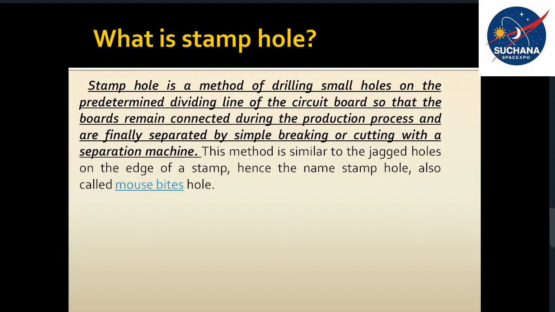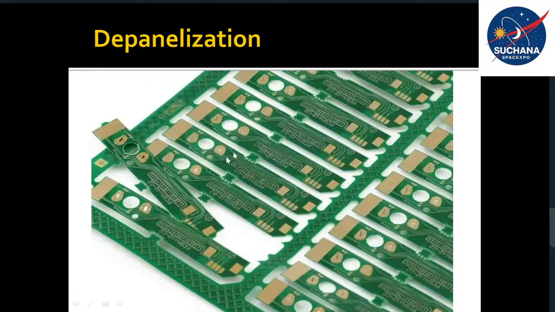At the time of production, the manufacturer designs all the PCBs at a time, as a layout panel. Once the production process is over, they are finally separated simply by breaking, or they use separation machines to depanelize the PCBs.